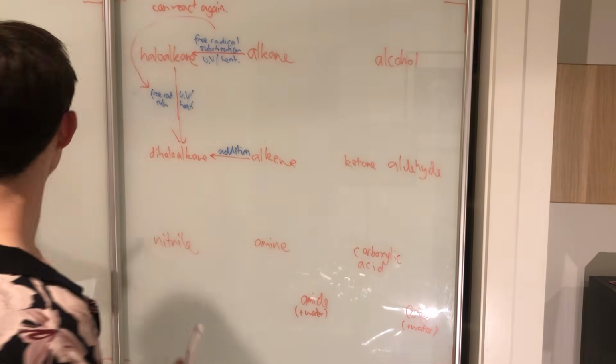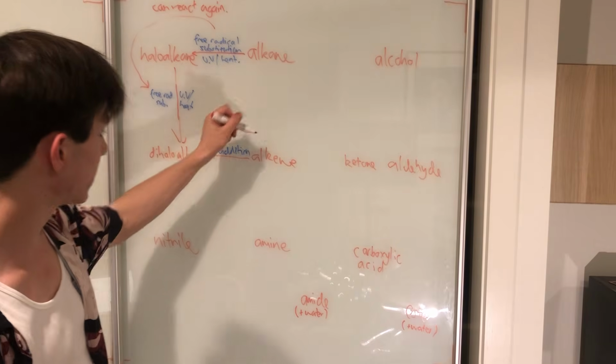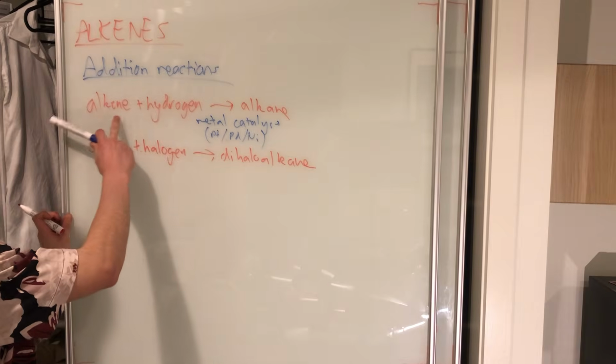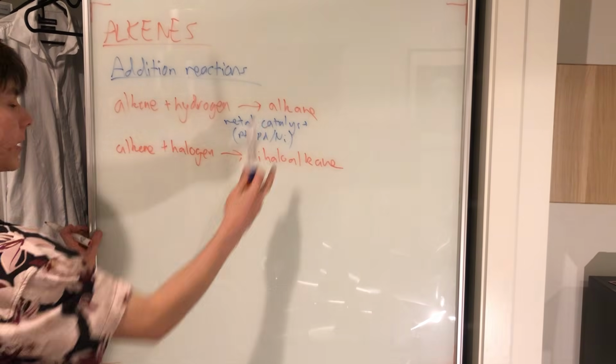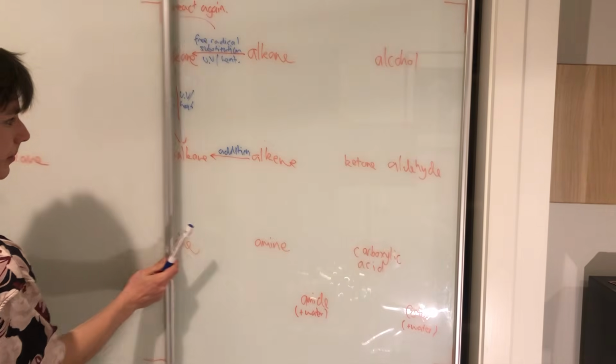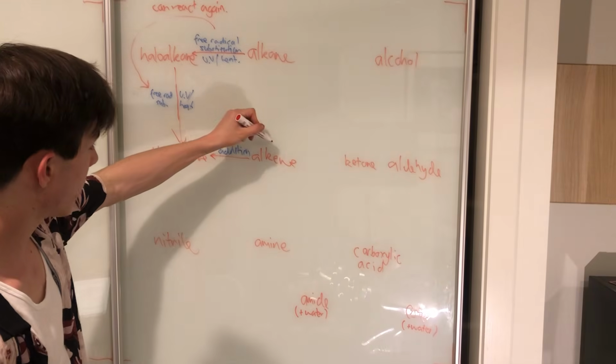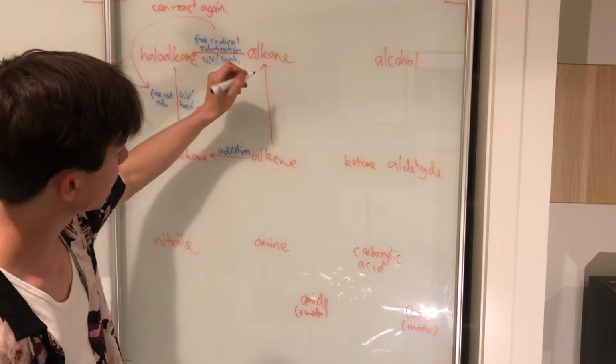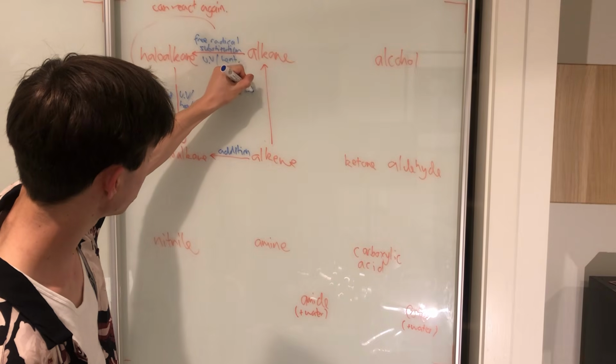Oh, let's put alkene becoming an alkane as well. So alkene plus hydrogen gives you an alkane. And that, we call it a reduction reaction really.